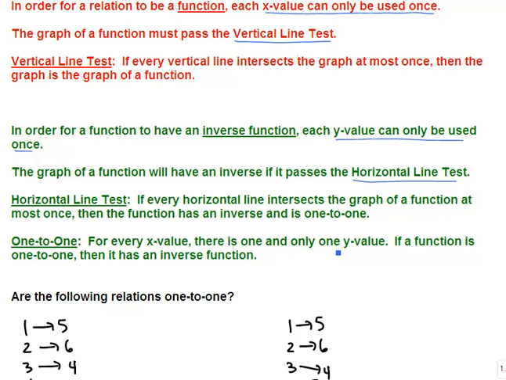And we want functions to be 1-to-1 because if they're 1-to-1, then they will have an inverse function. So 1-to-1 means that all the x's should be unique and all the y's should be unique. So x's should not repeat and y's should not repeat. And if you have that happening, then you're going to get an inverse function. And that's what we want in this section of notes.